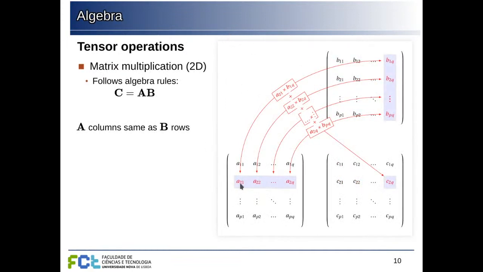So the requirement is that the number of elements on each row of matrix A is the same as the number of elements on each column of matrix B. And the resulting matrix will have the same number of rows as matrix A, and the same number of columns as matrix B.